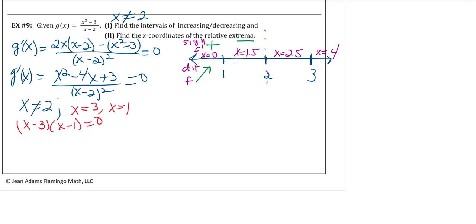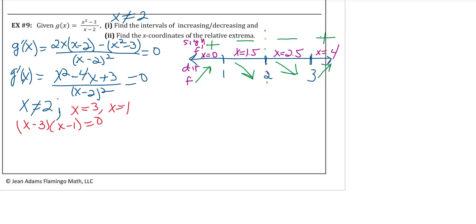So it's negative, so it's headed towards negative infinity there. At 2.5, the numerator will also end up being negative, so the graph is still decreasing. And then on the other side of 3 at 4, when I put 4 in, I am going to get a positive numerator, and I already have a positive denominator, so it's positive.